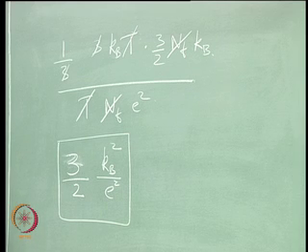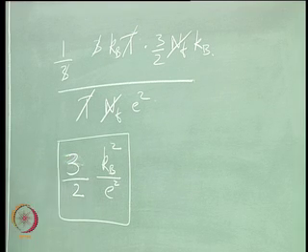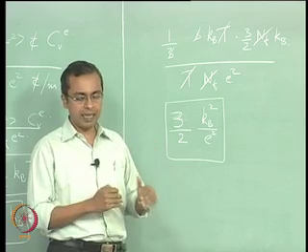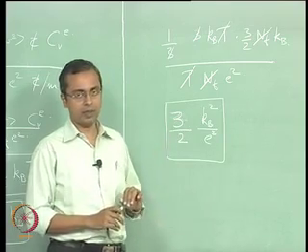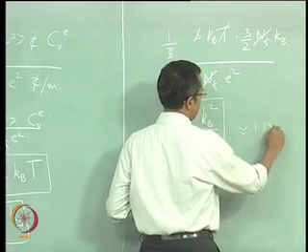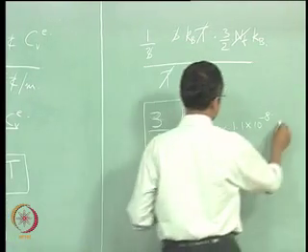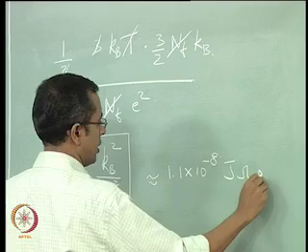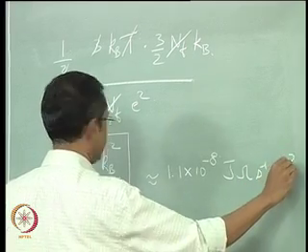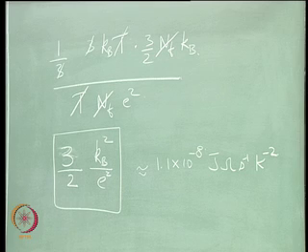All right. So just looking at the Drude model and using its findings, if you write down the expression for k by sigma T, this is the expression that we come up with. If you evaluate this, it will work out to 1.1 times 10 to the power minus 8, and the units would be the same, joules, ohm, second minus 1, Kelvin minus 2. So this is what you would get.